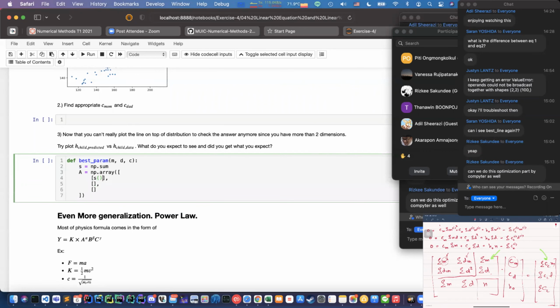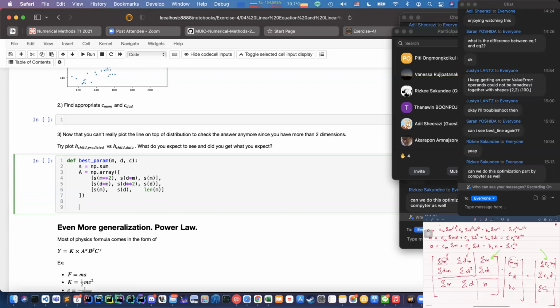So this one is S m squared, S d times m, and Sm, S d times m, S d squared, SD, Sm, SD, and let's call this length of m. That works too.